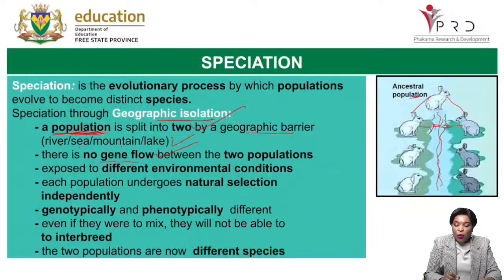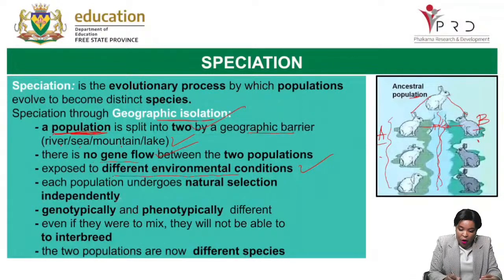Because there is no gene flow, what is happening in each environment? The two populations are therefore exposed to different environmental conditions. The conditions on side A are not the same as the conditions inside B. You will say they are exposed to different conditions. Therefore, each population undergoes natural selection independently.